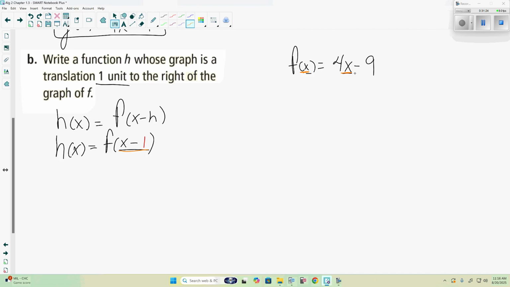Which means this x here is also going to have to be replaced with x minus 1. Because what we're saying now is, I'm plugging in x minus 1, which means the x over here, I'm going to have to plug into it x minus 1. So the 4 is still there, but instead of x, we have x minus 1, minus 9.